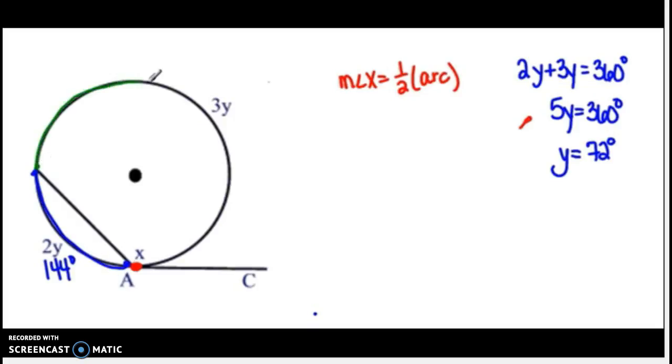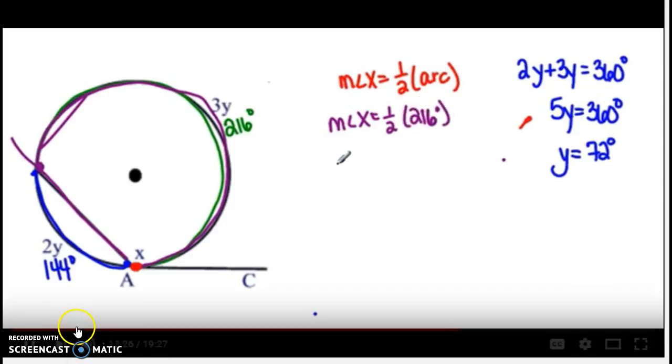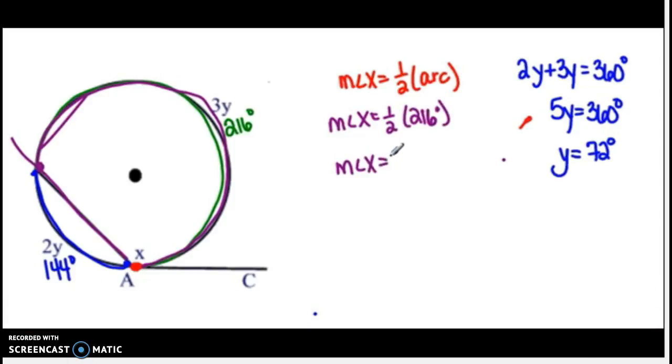And then the major arc in this picture, the green one, is going to be 3 times 72, or 216 degrees. And looking at the angle, its intercepted arc is going to go all the way around from this side to its vertex. So its degree measure is going to be half of that 216 degree arc, or in other words, 108 degrees.